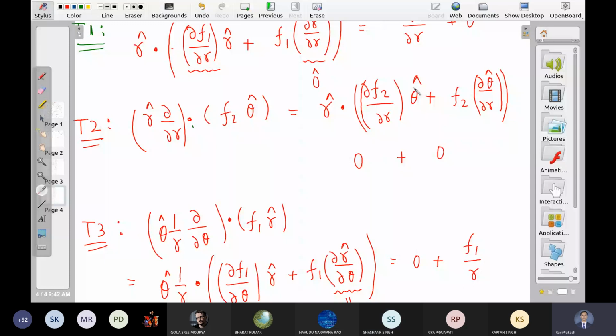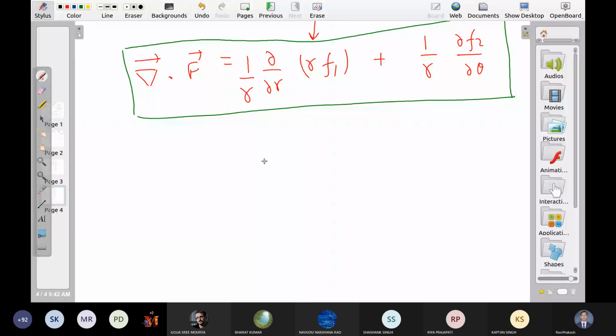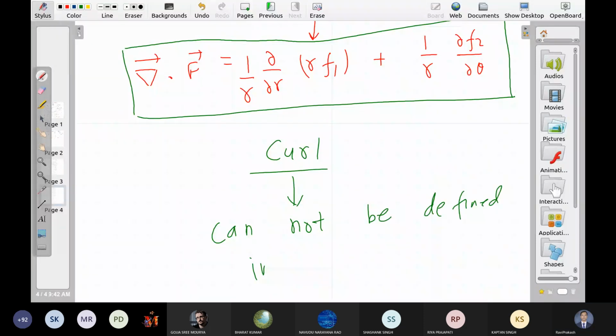So obviously curl or any cross product is always defined in 3D coordinates. Cross product cannot be defined in 2D in any case. So if you have curl, obviously you will have a 3D system.